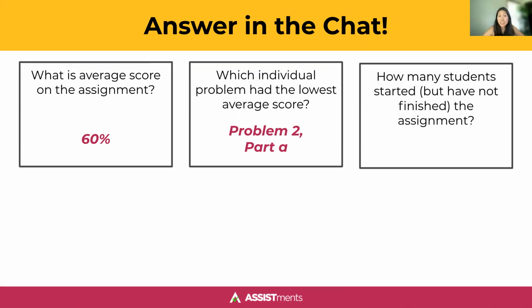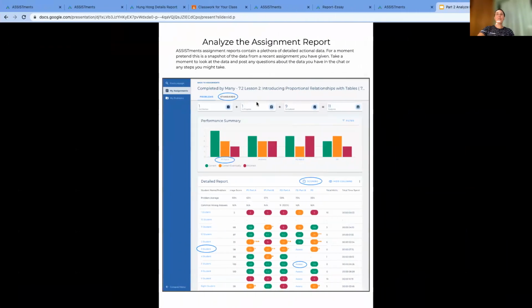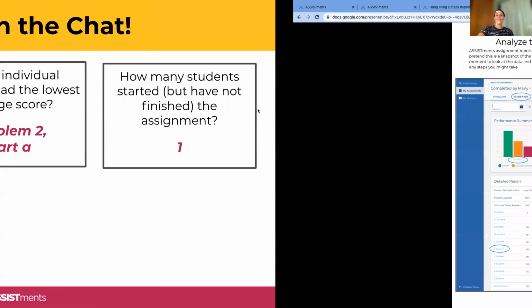Is it one student, Dawn? Is it one student? Drum roll, please. Yes, it is one student. And of course, we're looking at the student progress cards up here on the top of the report. And when you click on in progress right here, you're going to see the last time that student logged in.